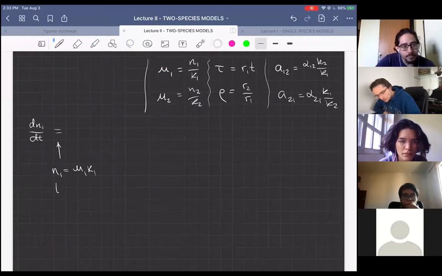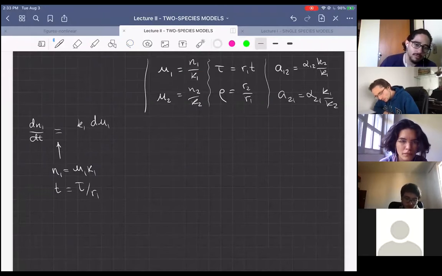And I also have to consider that t is equal to tau over r1, right? So then I plug it here, and this derivative is going to be k1 times the derivative of u over the derivative of tau over r1. Everyone follows this? K1 is constant, that's why it goes out of the differential.